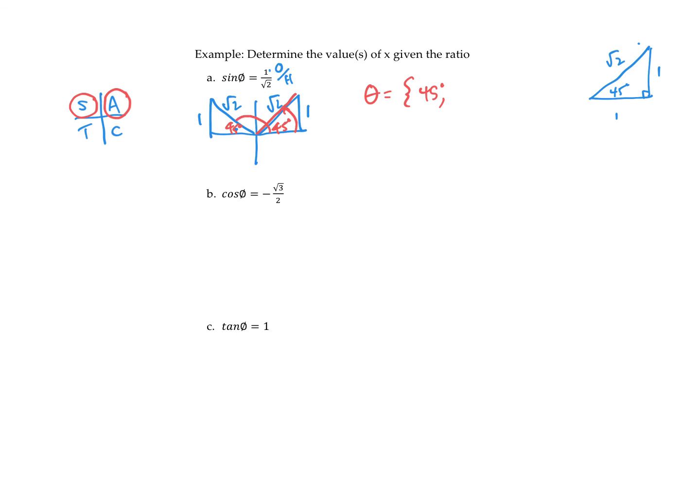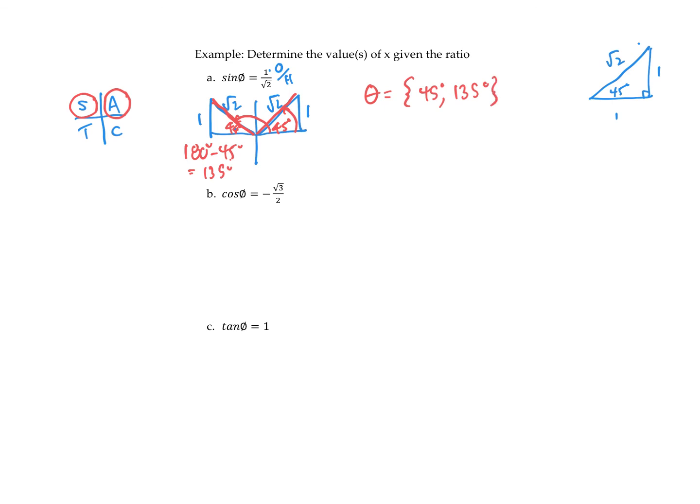In quadrant 2, the terminal arm is not quite at 180, so I'm going to do 180 minus the related angle because we're 45 degrees short of 180, so we subtract the difference, and that gives me 135. So that is my second solution.